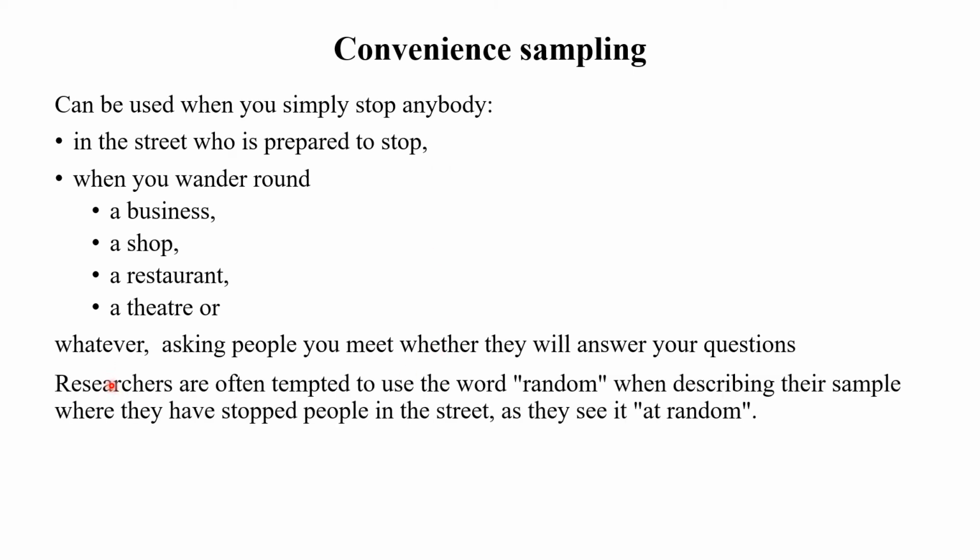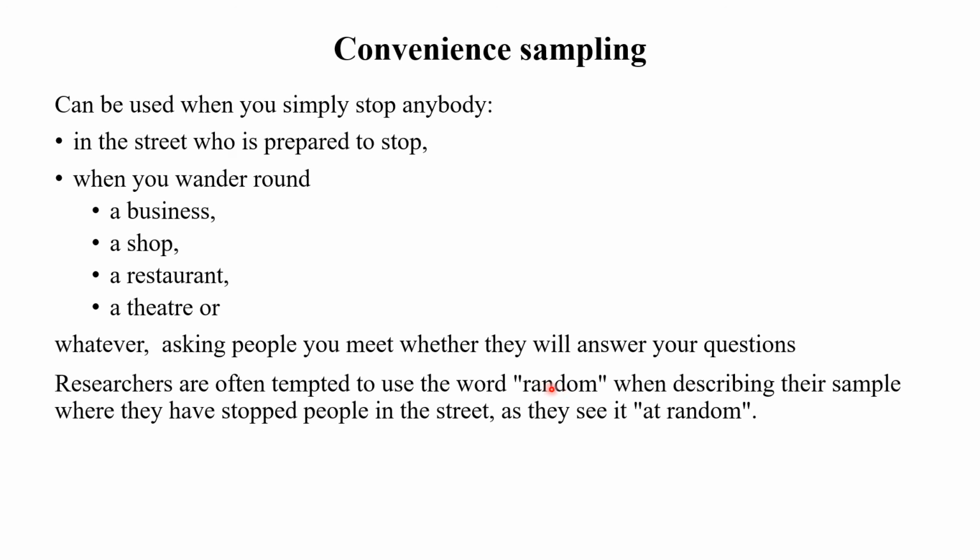So researchers are often tempted to use the word random. A student may say, I went to the railway station, selected 10 passengers randomly. We know random means there must be a sample frame. Who gave you a sample frame at the railway station? Who has a sample frame for the passengers at the railway station?